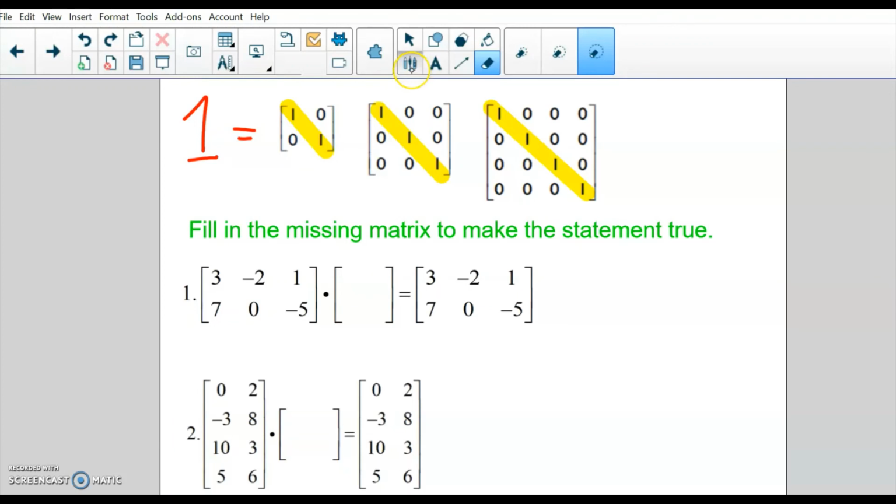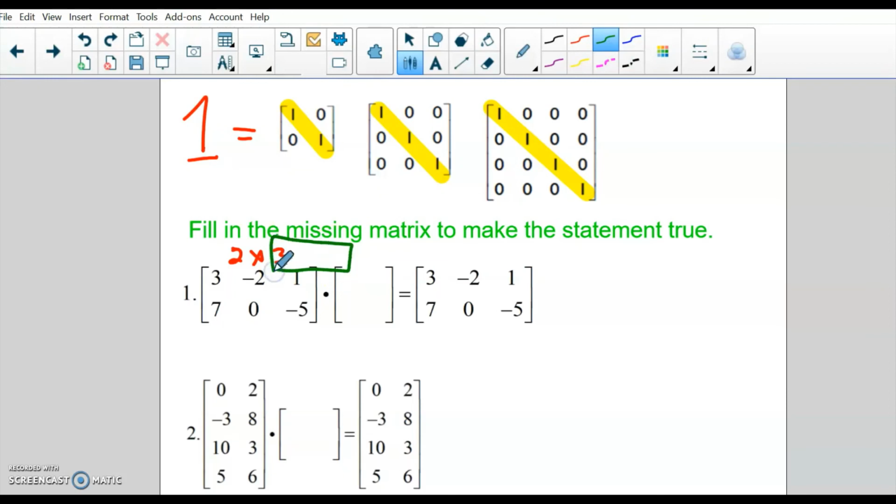So in order for that to happen, you look at the matrices and you go, okay, this first matrix is a 2-row by 3-column matrix. Now in multiplication, these two numbers must be the same. So it has to be a 3.